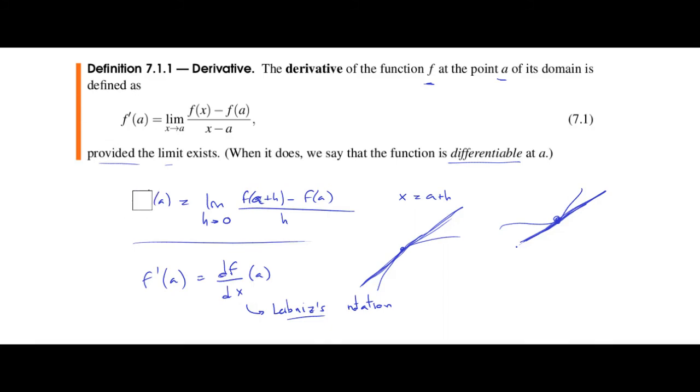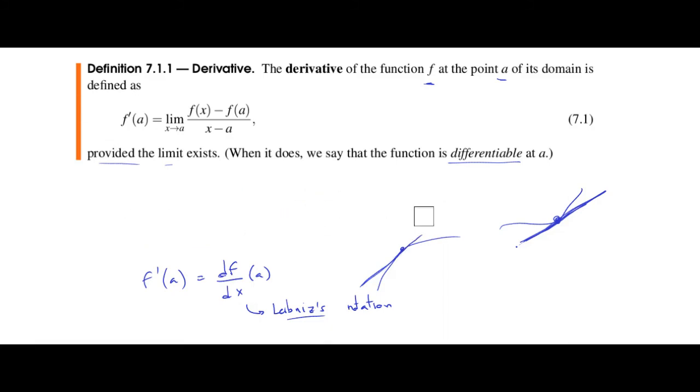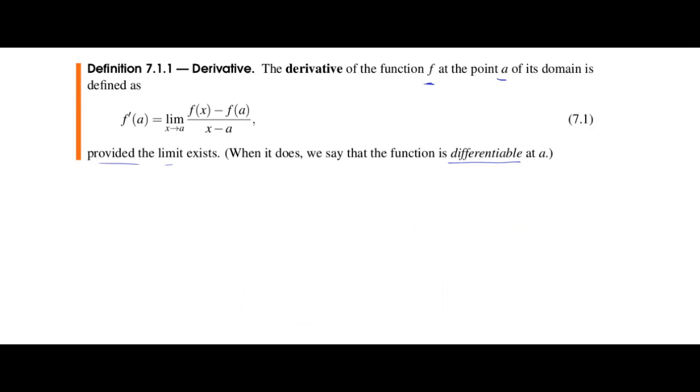Okay, so let's compute some derivatives. Let's get some examples. Let's see, what's the derivative of x squared? Well, f prime at a is the limit when h goes to 0 of f at a plus h minus f at a divided by h.